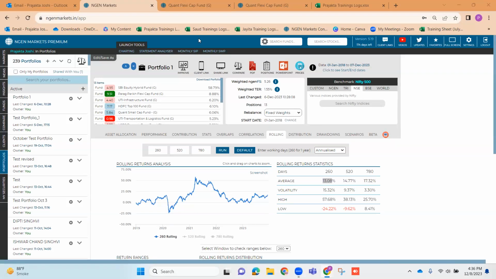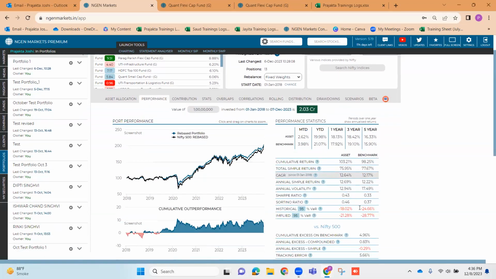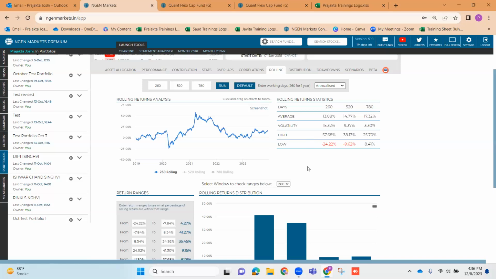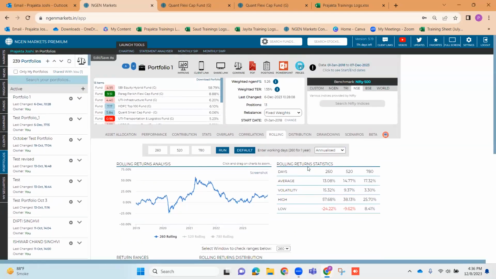In terms of performance versus the benchmark, obviously the performance tab gives you that. But when it comes to rolling, generally speaking, we've only focused on the portfolio rather than a comparison with the benchmark, because here the purpose is much more about looking at the portfolio returns and how consistent they are. So this rolling tab really gives you a sense of consistency.